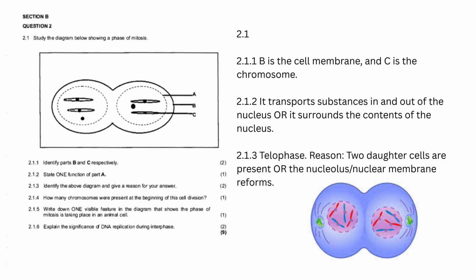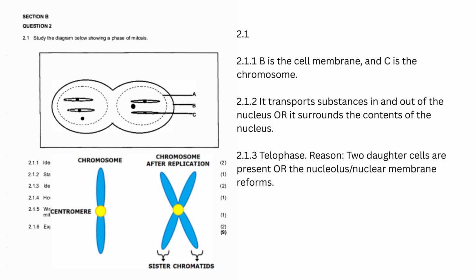Once they reach the opposite sides of the poles, that's when telophase starts. So the separated chromatids are now called chromosomes in telophase. We call them chromosomes in telophase. Each new nucleus receives a complete set of chromosomes, okay?